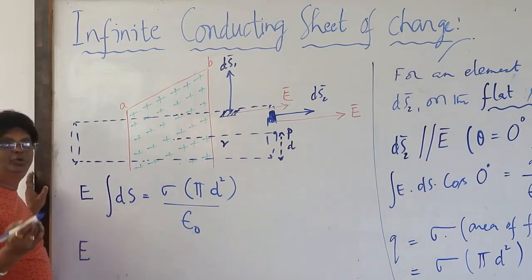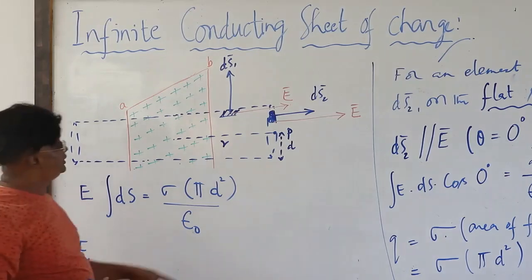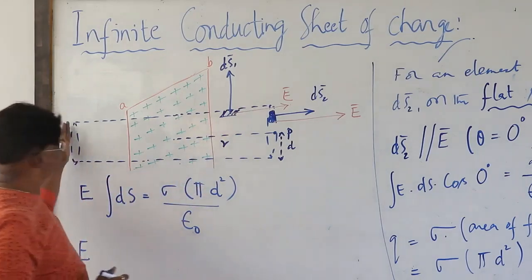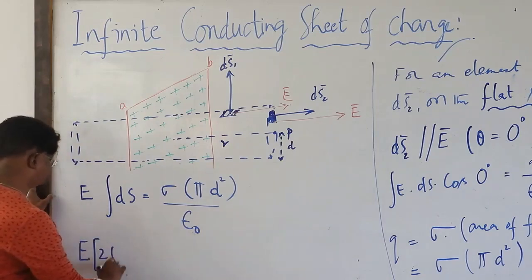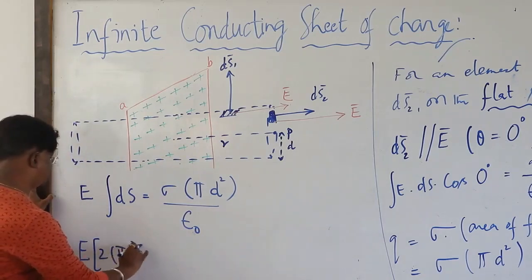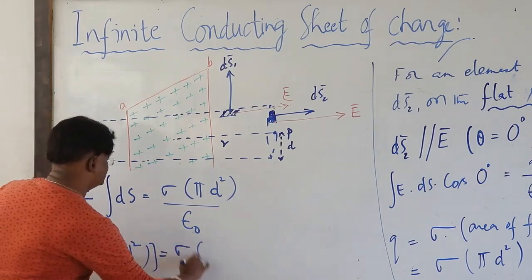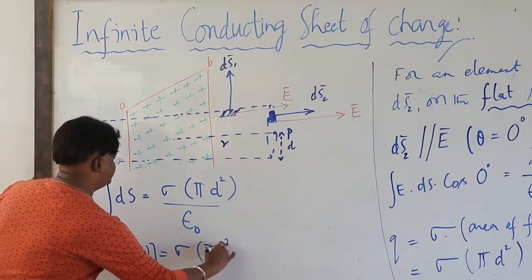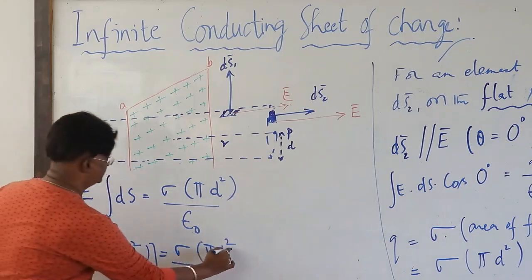You will get the total surface area of the flat part. How many flat parts are there? Pi d square, and one more pi d square on the other side. Therefore, this is 2 times pi d squared, equal to sigma into pi d squared by epsilon naught, right?